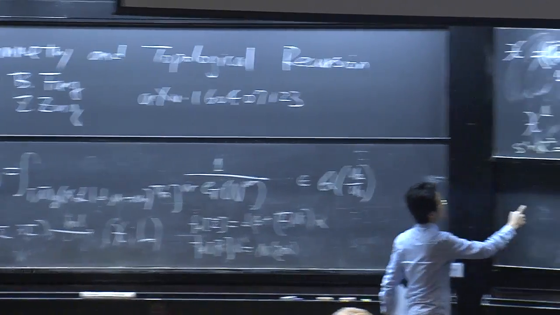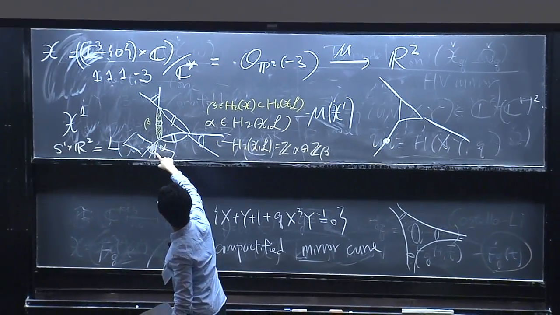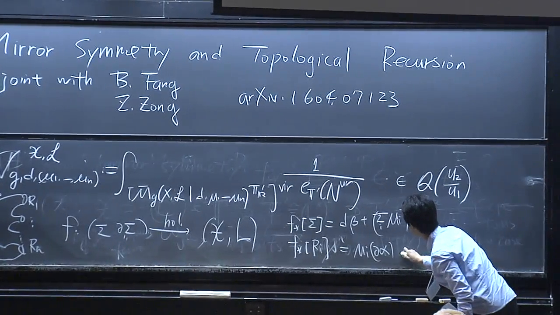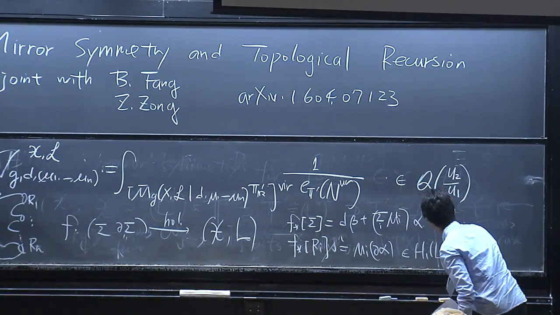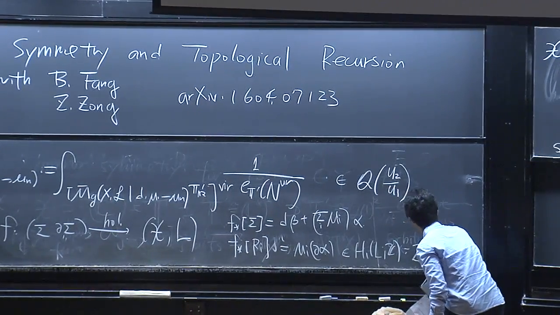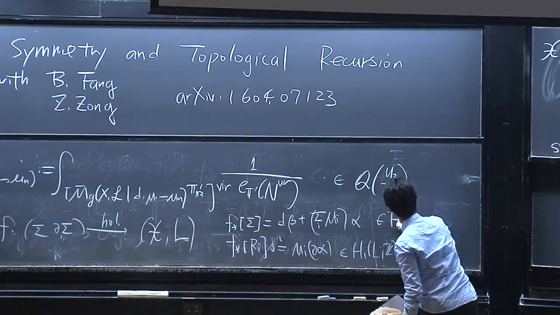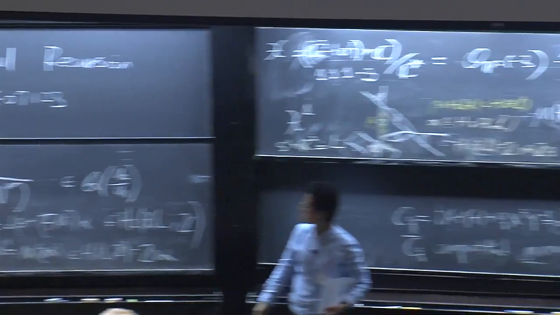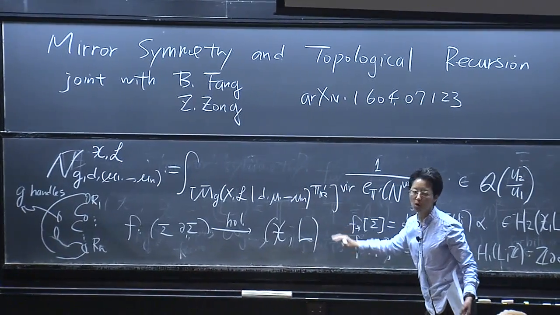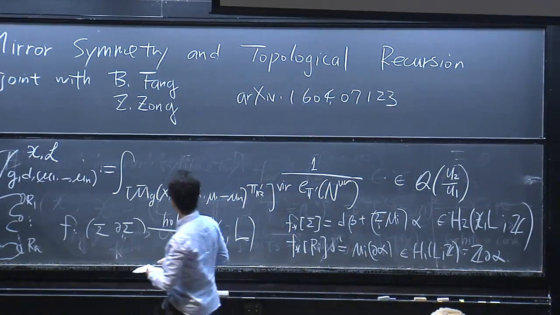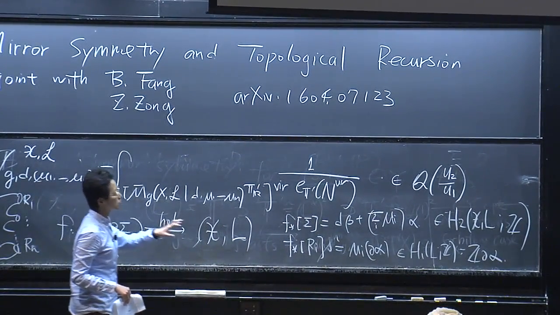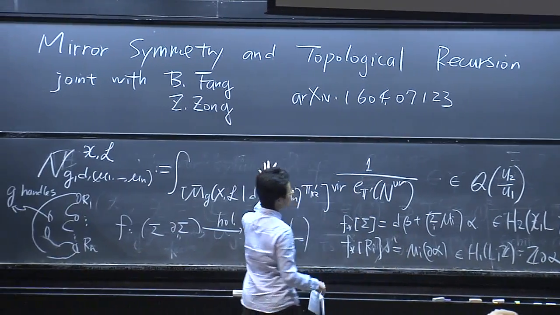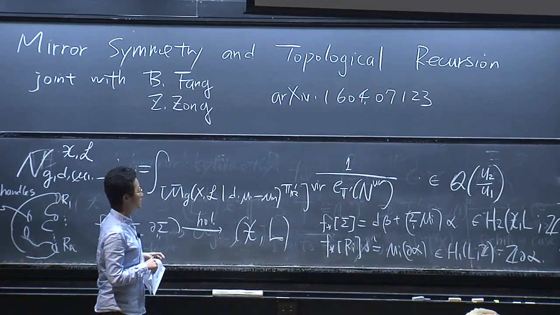The boundary of this alpha is this circle, which actually generates the first homology of L. Again, you take this moduli space and take the torus fixed part, and you can check that if it's in the torus fixed part, then the image must lie in this one skeleton. And then we can define and compute it in this way.